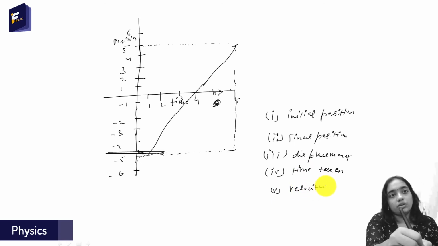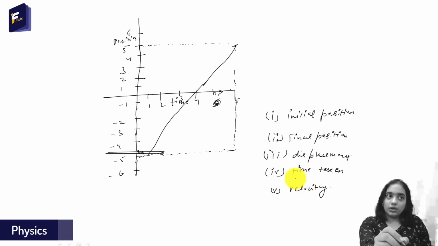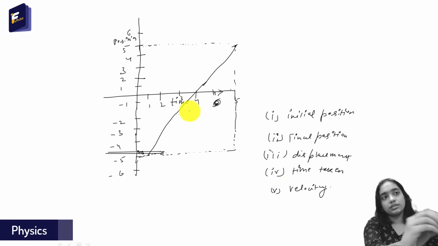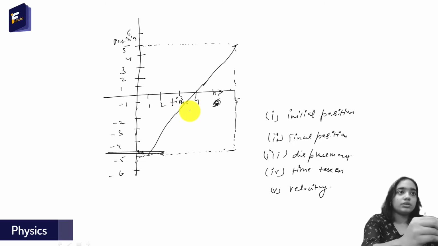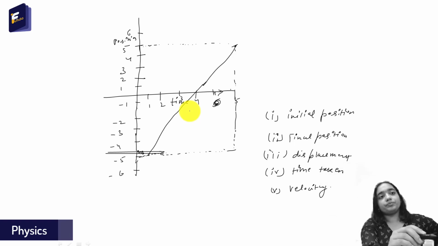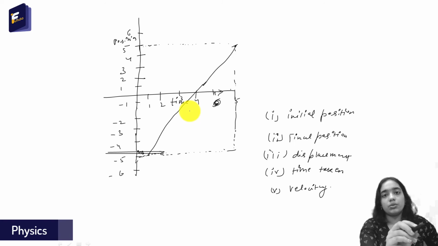You may pause the video and think. The upper line, the horizontal line and the last vertical line are all dotted lines, and the slanting line is the actual graph. So you may pause the video and think about the solution.